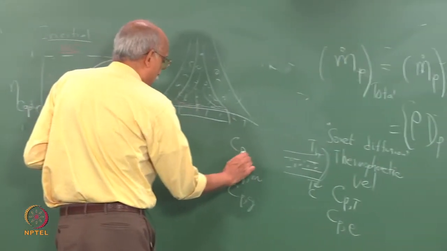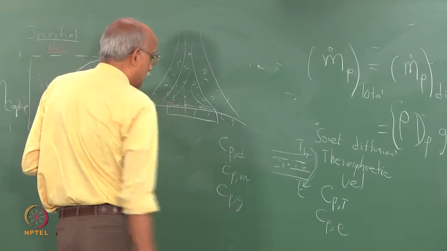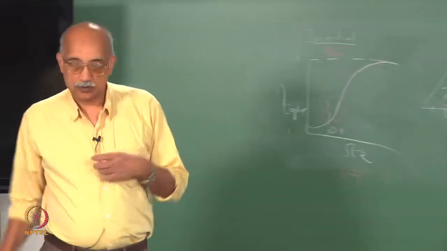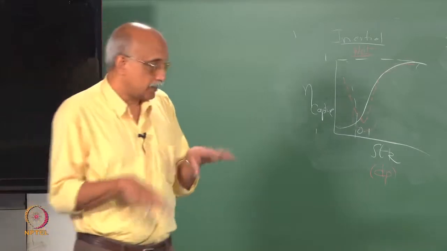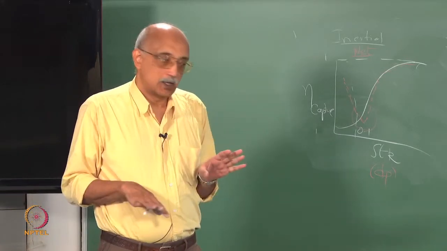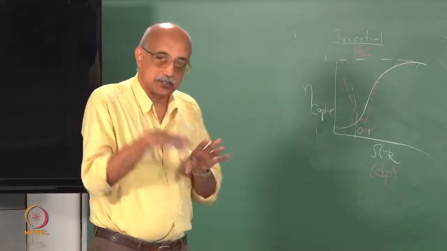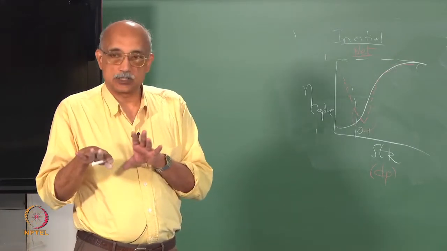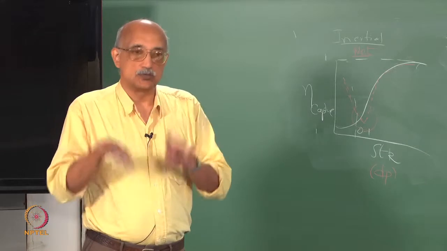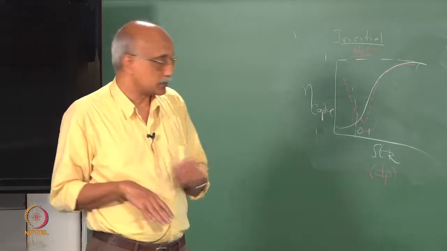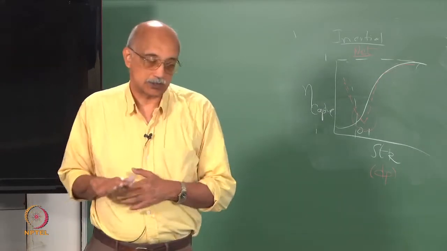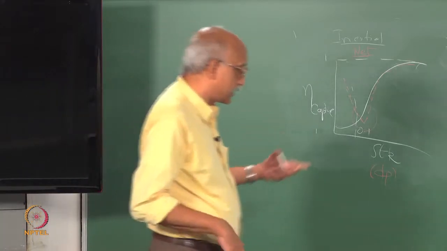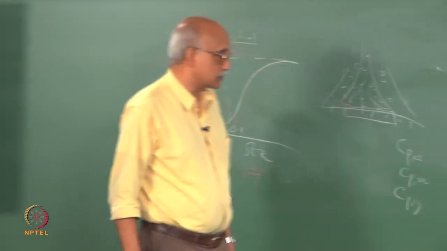There is even something called a diffusiophoresis field. It is an interesting phenomenon that when particles diffuse, they set up a concentration gradient, and as soon as a concentration gradient is set up, in order for mass balance to be preserved, it induces an opposing flow of particle mass, and that is called diffusiophoresis. It is phoresis that is induced by diffusion, and that has a characteristic velocity Cpd associated with it.